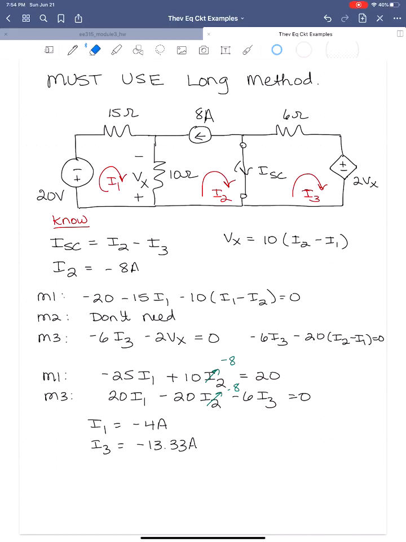Okay, and so when all is said and done and we solve for ISC, remember ISC is I2 minus I3, we're going to get that ISC is equal to, nope, something's not right.